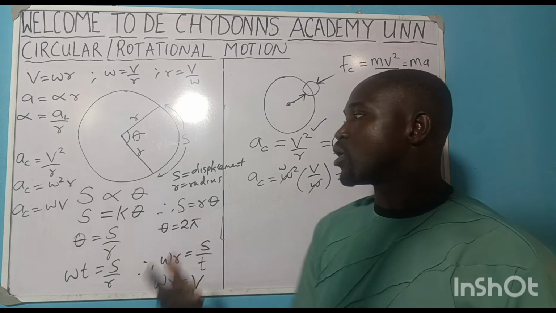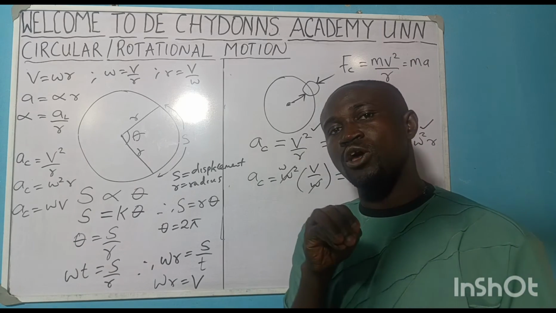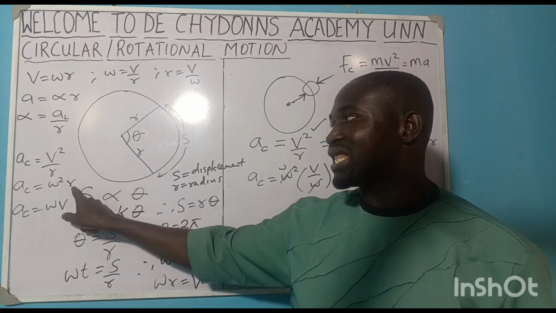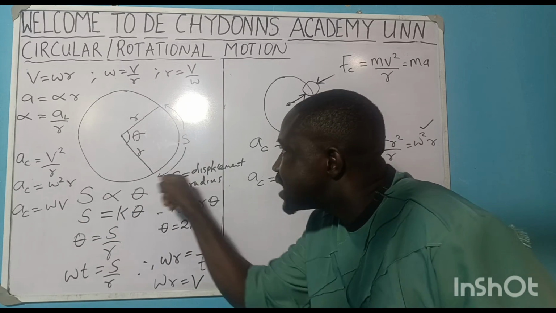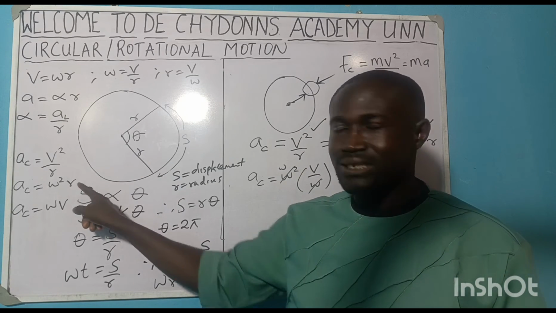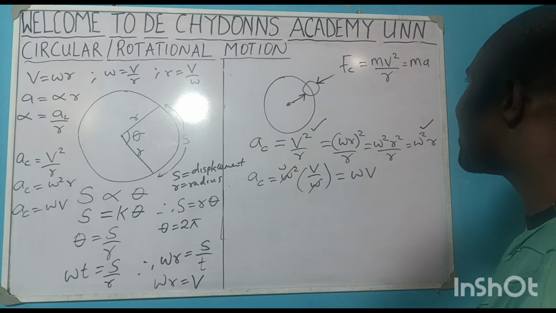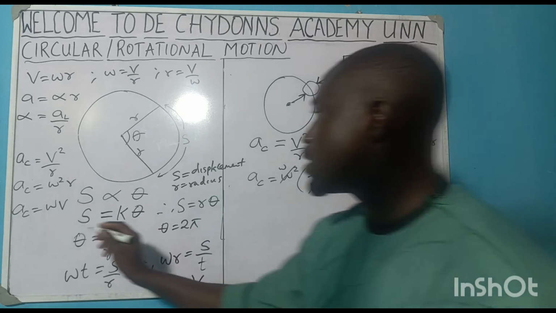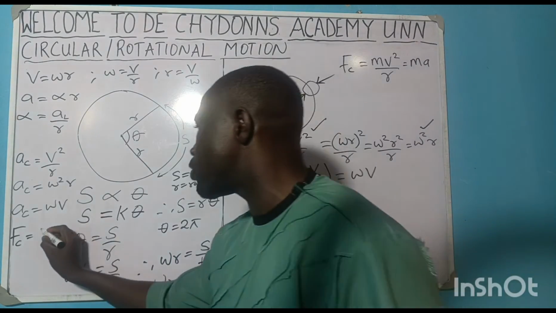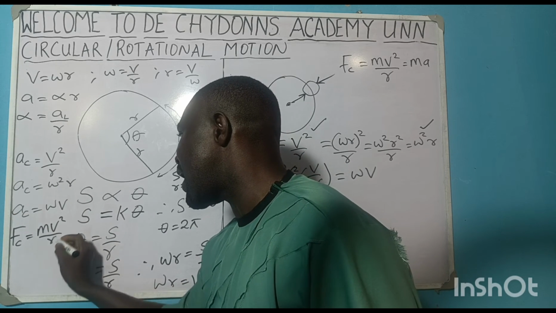Are you getting it? Because when we treated simple harmonic motion, we said that the acceleration of it is w squared x, where x is now this r, because in a circular orbit, the radius will be that x. Are you getting it? And so we have noted the formula for centripetal acceleration. Now for centripetal force, since force is m times a, centripetal force will be equal to m times ac, which is mv squared over r.